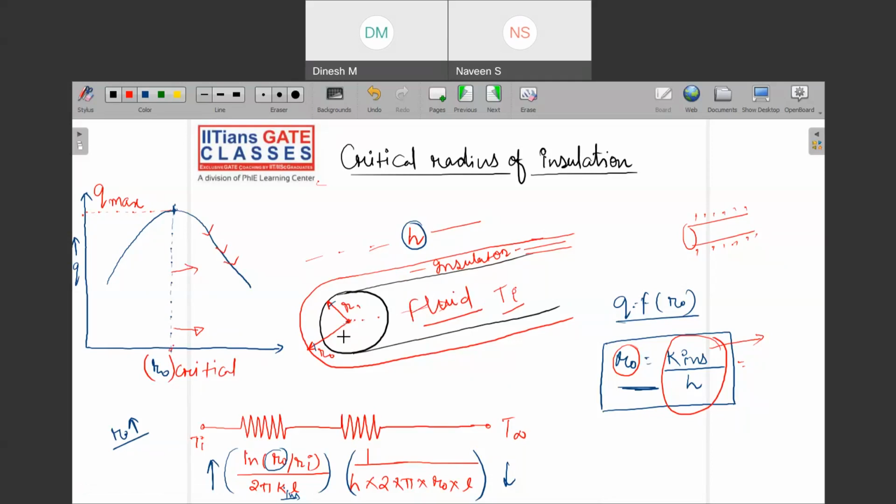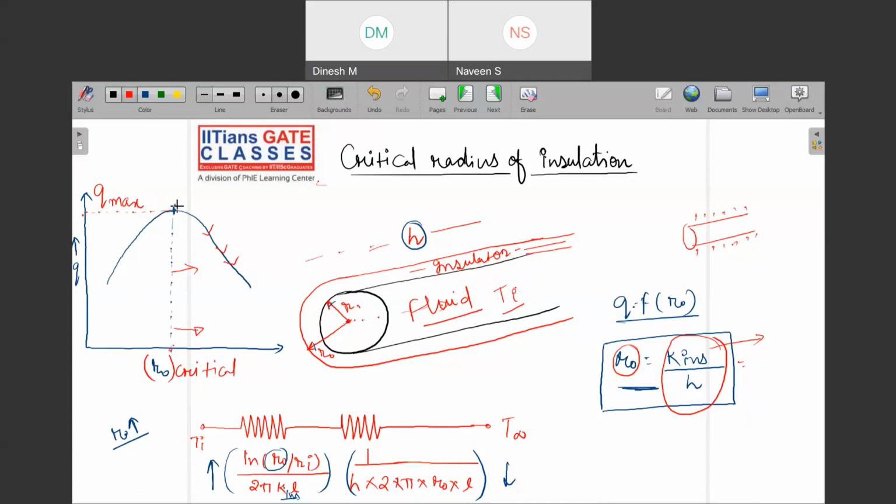Why are we doing so? Every material has its own limit on melting point temperature. When electricity is flowing through, some heat is generated. If I don't reject this heat to the atmosphere, then my metal will start melting. So in order to get rid of that, I provide insulators which can increase the heat loss.